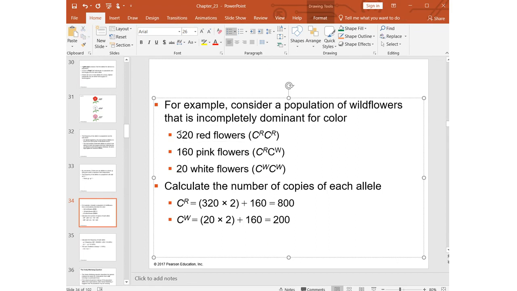The red flowers have 2 R alleles, the white flowers have 2 W alleles, and then there are heterozygotes.